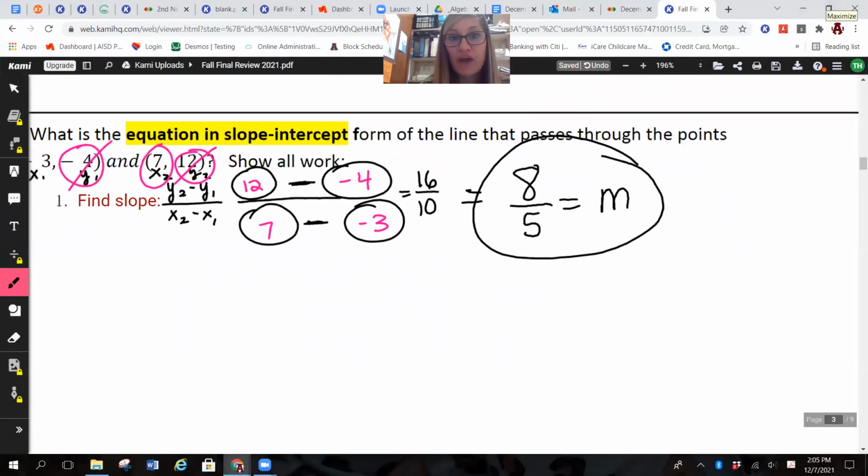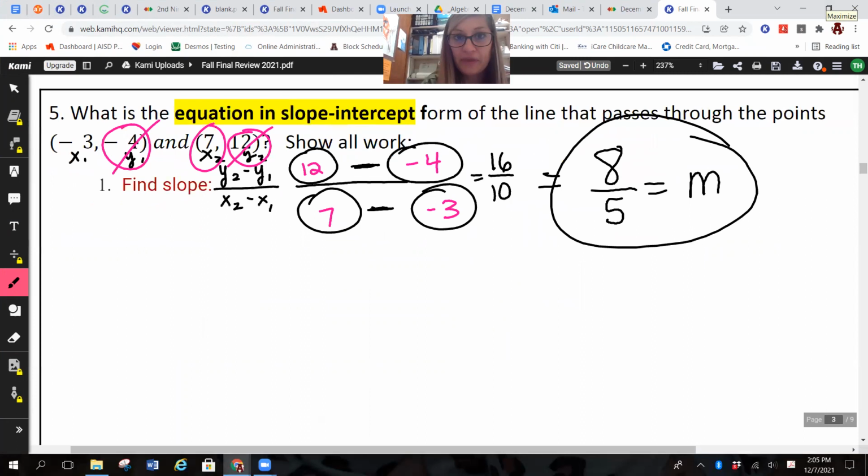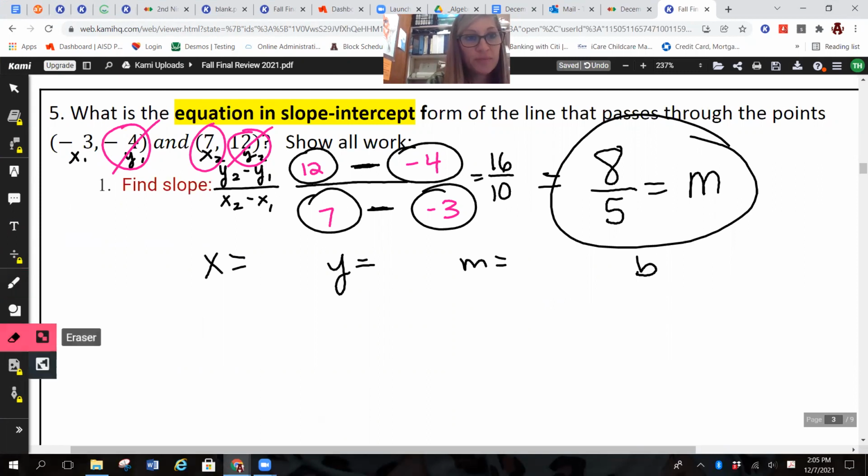Once you have your slope, you can now find your equation. It says write the equation. You're going to write the equation. First, you need your x, your y, your m, and you're going to find b. So let me erase all this riffraff. Now you need a point.